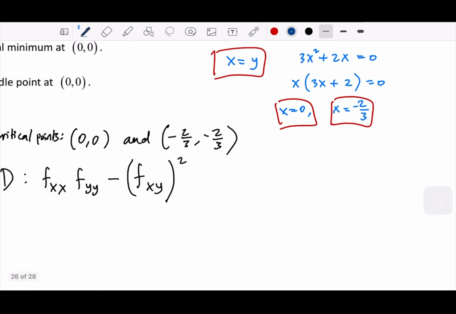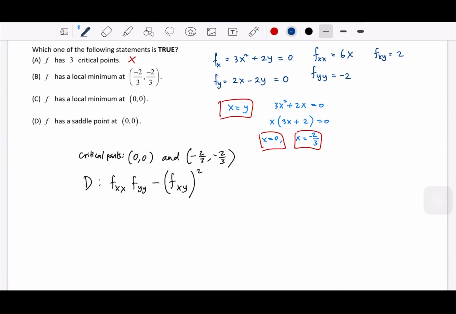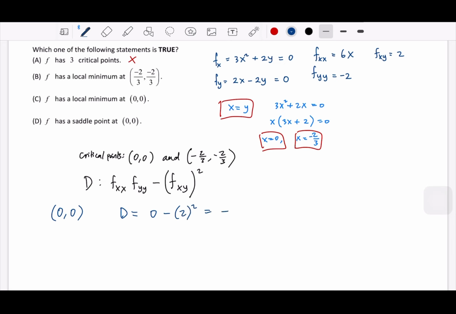Okay, now we can write here that at 0, 0, D will equal 0 minus 2 squared. So this will be negative 4. So meaning 0, 0 is a saddle point.